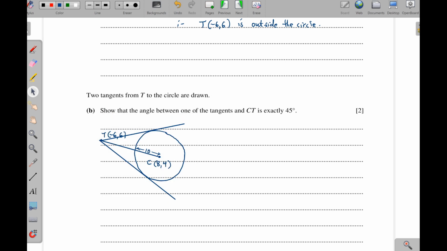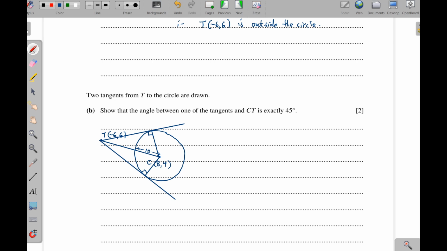Then what are we going to have? They are saying show that the angle between one of the tangents and CT is exactly 45 degrees. Now, we know that the angle in between the radius and the tangent is always 90 degrees. The tangent is always perpendicular to the radius. Not so?